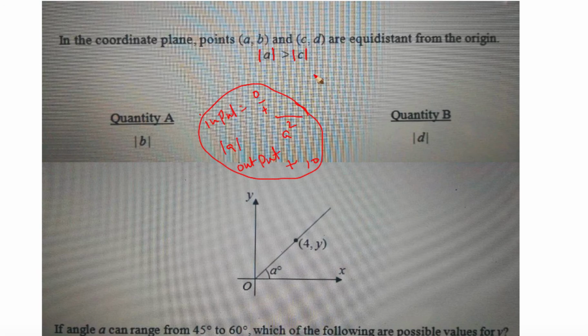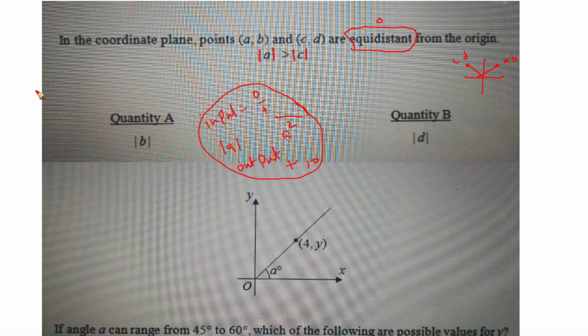Now here is the question: in the coordinate plane, points (A, B) and (C, D) are equidistant from the origin. He is telling us they are equidistant from the origin, which is 0. So they are equidistant from 0, and it can be any picture. Let's say I draw one point here and one point here. It can be (A, B), it can be (C, D). Now how can I use this information to move forward? I know the distance formula.